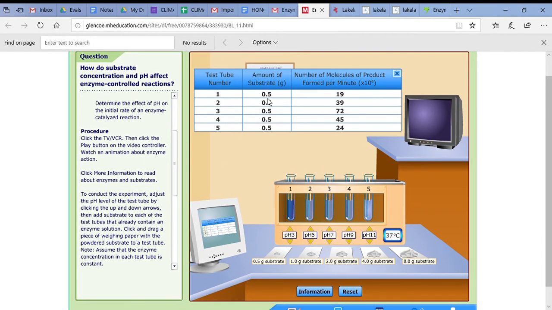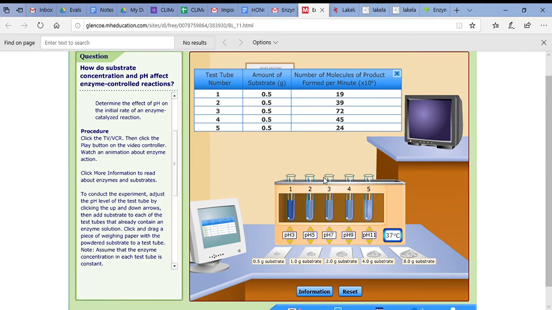I've added half a gram of substrate to each enzyme, and I look at the products, and this is a measure of whether the enzyme did its job. This is all the same, but test tube number 3 has the most products. So pH of 7 produced the most products, less with a little bit acidic and a little bit basic, and the least with more acidic and more basic.